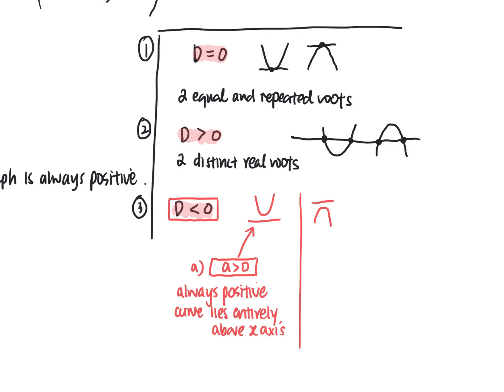Another scenario is where it is a maximum curve. Okay, this gives a minimum curve. This gives a maximum curve. So when you have those two criteria satisfied, then you can say your curve is always negative, always less than 0. Always positive is always positive.